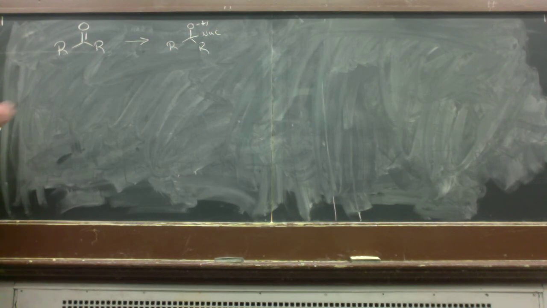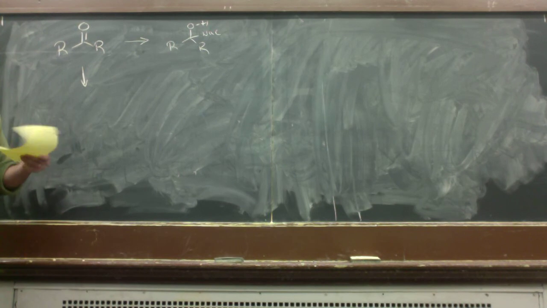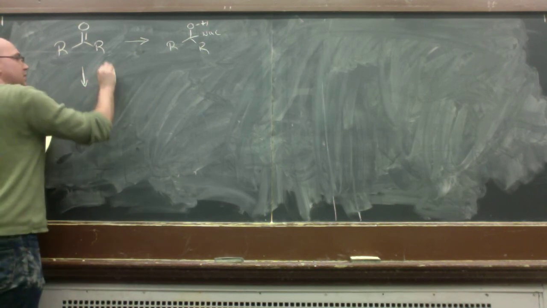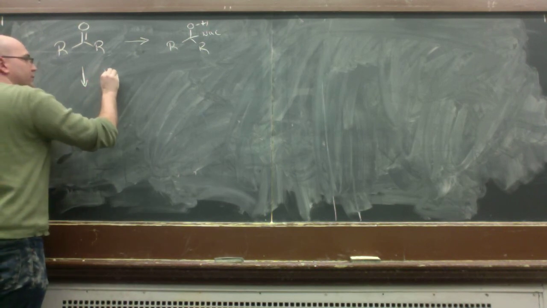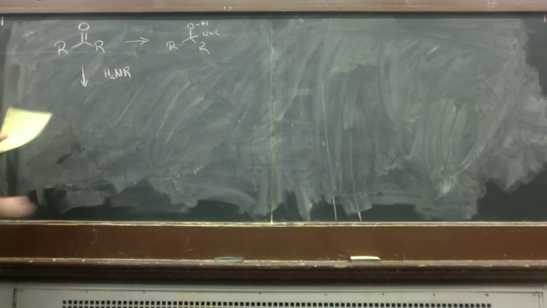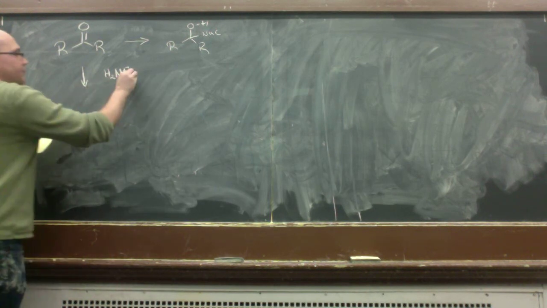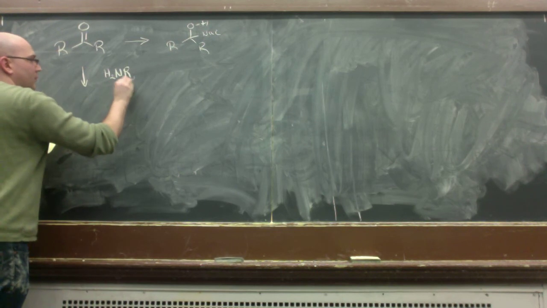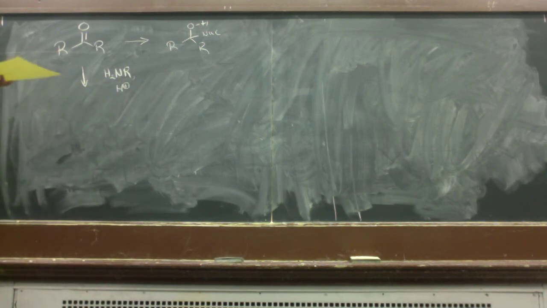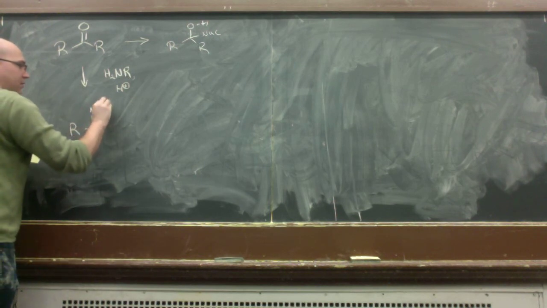called imines. Okay? And so, as we discussed with hydrazine, amines, primary amines specifically, and we'll discuss what can happen with secondary amines in a minute, but you can condense primary amines with carbonyls and get the molecules known as imines.